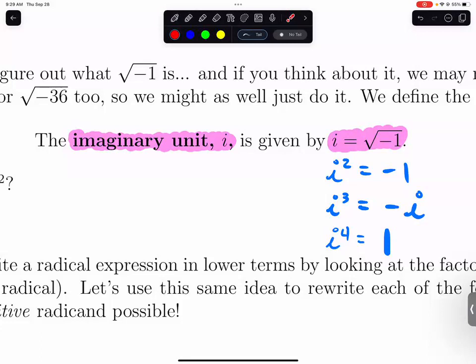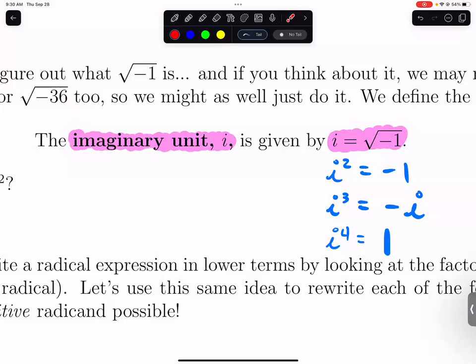So what that means is that the 37th power is just going to go through this whole cycle 9 times. And then there's 1 left over, right? So if we go through this whole cycle 9 times, that's 1. And then this 1 left over would be the same thing as just i to the 1st.